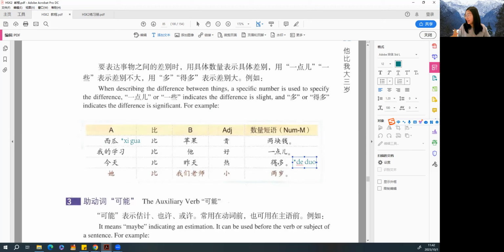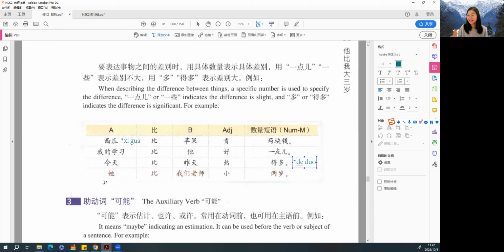Then yeah, people are going to die. So here is how we use 多, it is a very large amount. So if it's much more expensive, like 100 yuan, 1,000 yuan more expensive, like 得多. And of course we can say 贵得多, 好得多, 热得多. There are many adjective details we can add with a large amount or a small amount, a little bit.